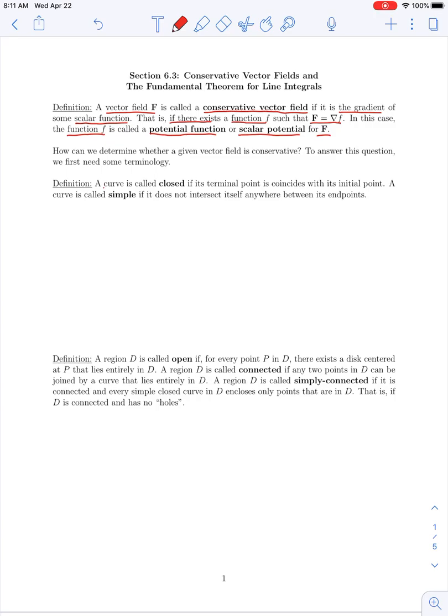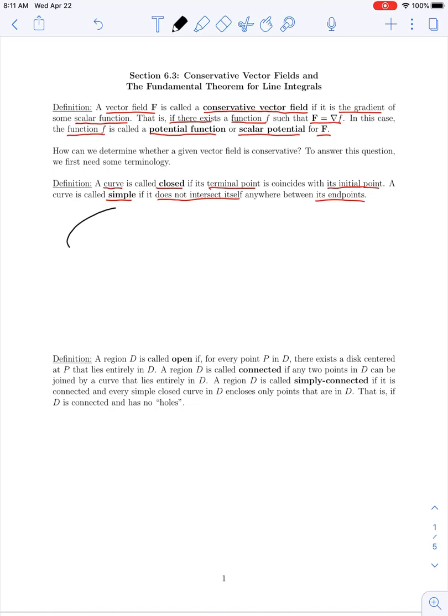We would say that some curve is said to be closed if its terminal point is the same as its initial point. And moreover, a curve is said to be simple if it does not intersect itself anywhere between its endpoints. So to illustrate these definitions, let's look at some plane curves.